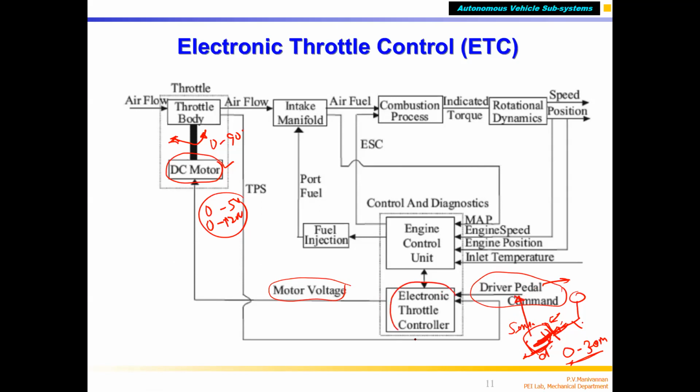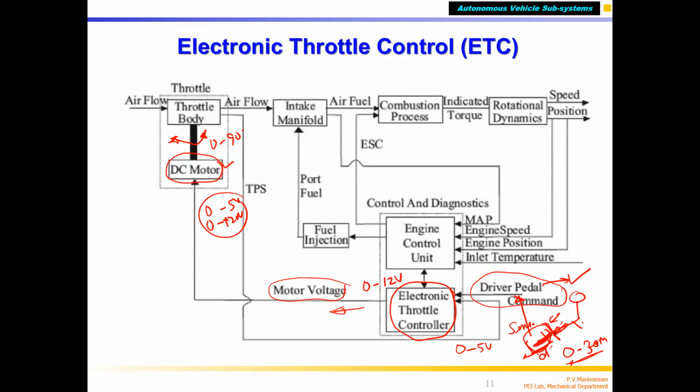Based on that, the throttle controller generates a control voltage for the motor, 0 to 12 volts, where 0 volts means the throttle is completely closed and 12 volts means it is fully open. So the control voltage is generated depending on this. Now I can say this sensor's 0 to 30 mm is translated to 0 to 5 volts. When the driver is not pressing, it is 0 volts.